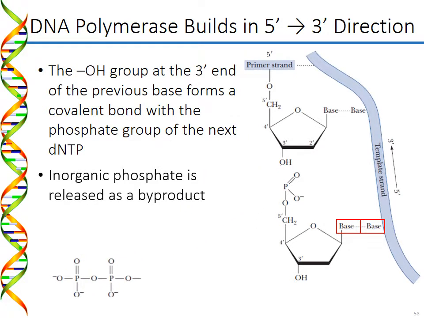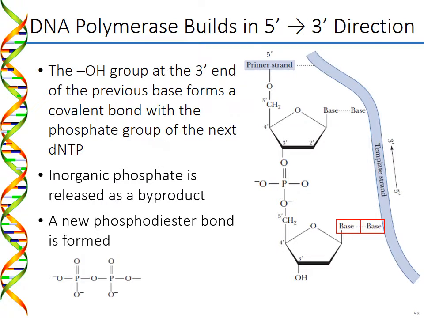That will cause the diphosphate, also referred to as inorganic phosphate, to be released, and that will form a phosphodiester bond. And now we have that new nucleotide that we added as part of the newly synthesized strand. And then down here at the bottom, we'll be adding the next nucleotide in exactly the same manner as we saw in this slide.